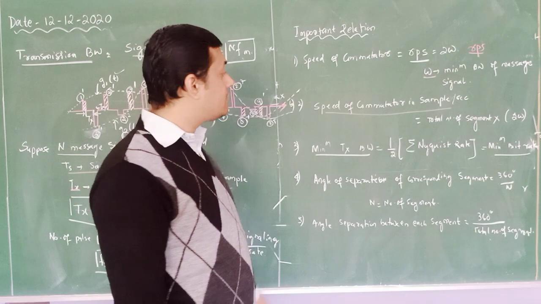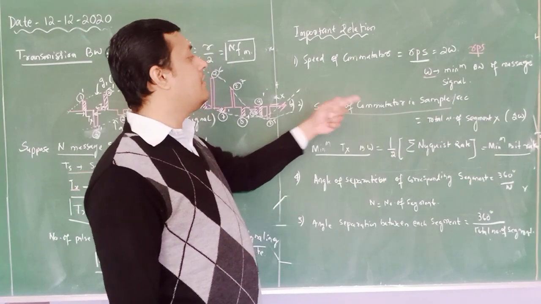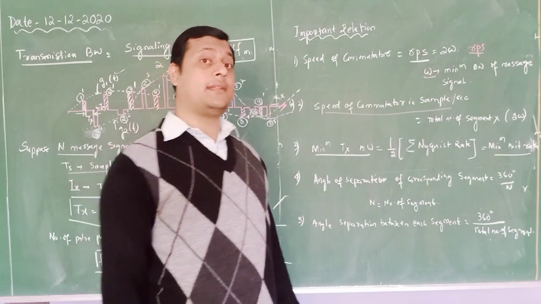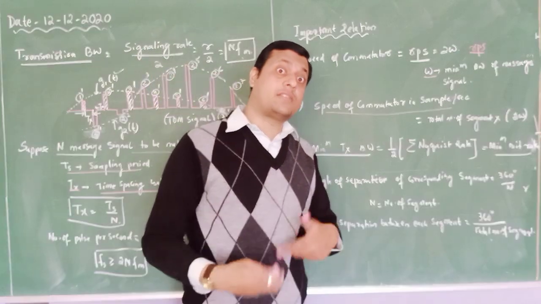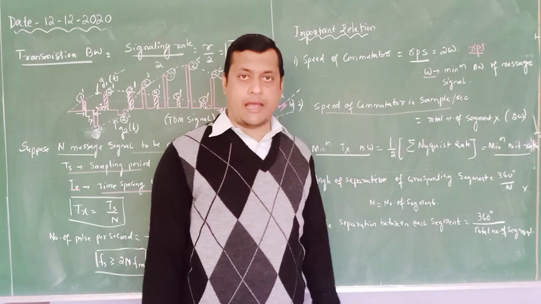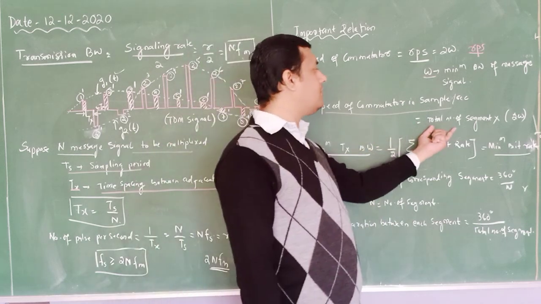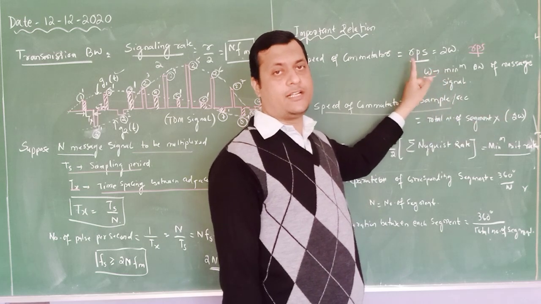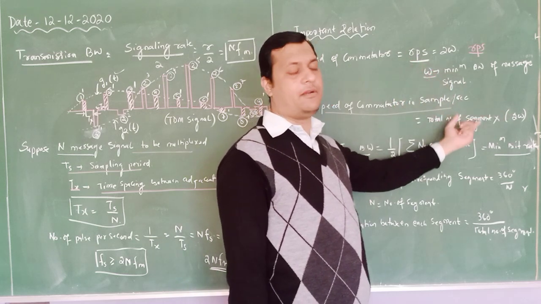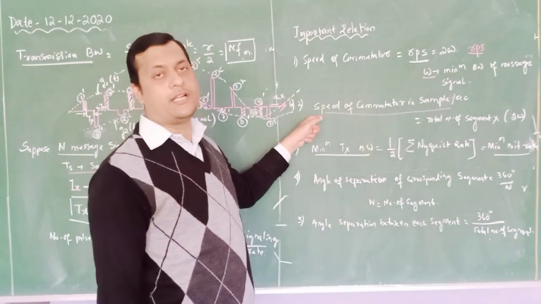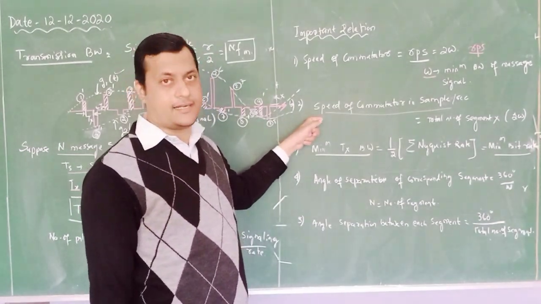First you need to identify the segments: how many segments are there, and how many repetitions of the same signal are going to happen. So the total number of segments into 2 omega gives your speed of commutator in samples per second.